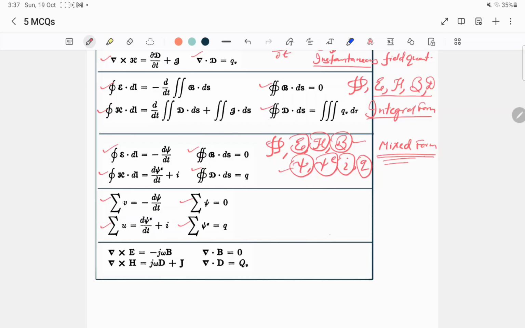Here, all the quantities are circuit quantities like V, U, I, psi E, psi, and here also psi Q. So we have summation, and we have circuit quantities such as U, V, I, Q, psi and psi E. Psi E is called electric flux, whereas psi is magnetic flux.